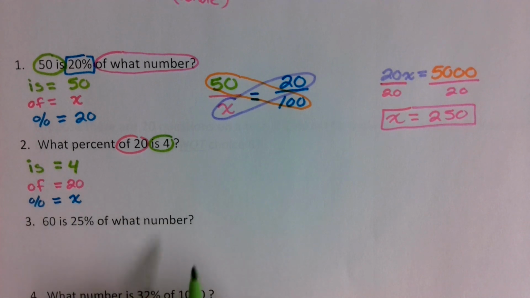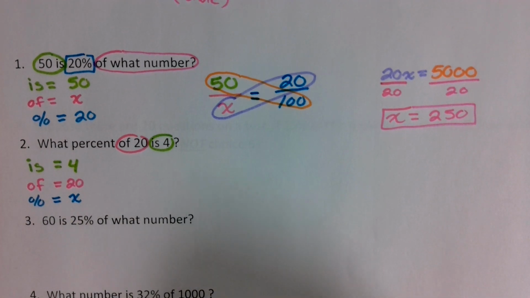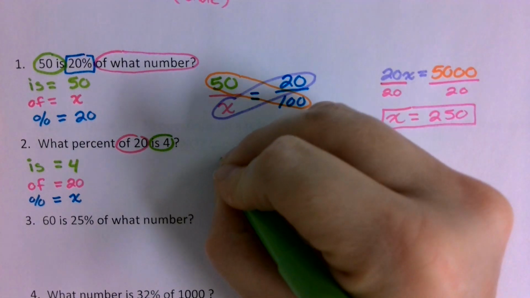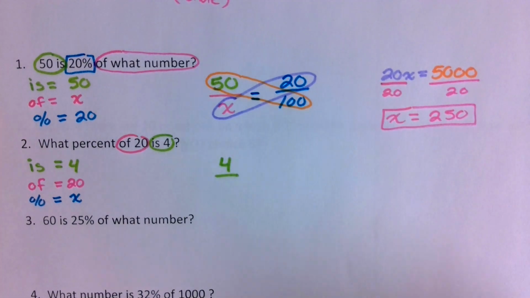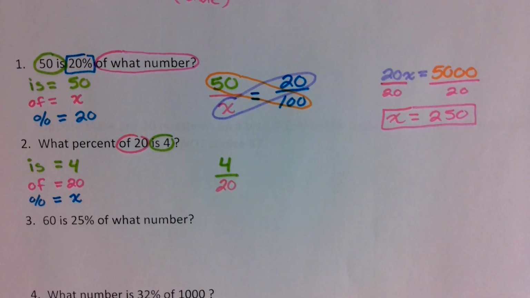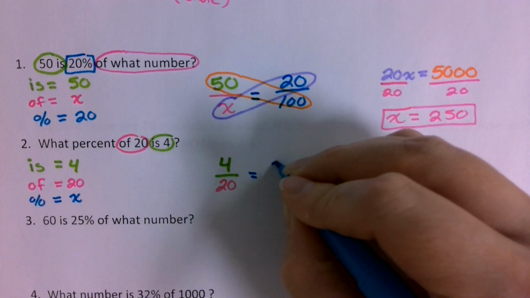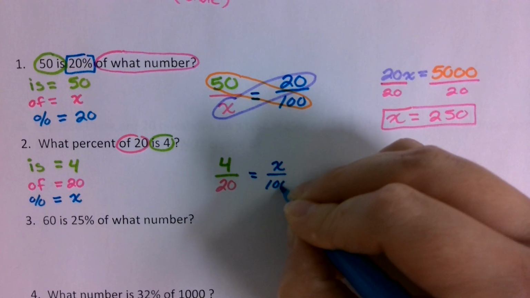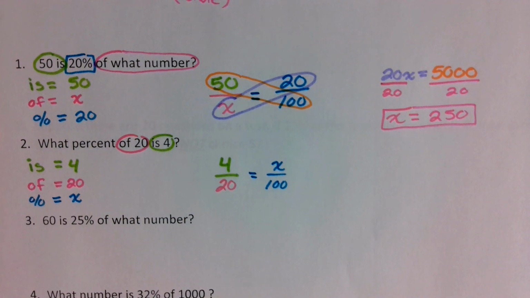Okay, so now we can set up our proportion. Remember, it's always is over of equals percent over 100. 4 over 20 equals x over 100. Now we can do our cross product.